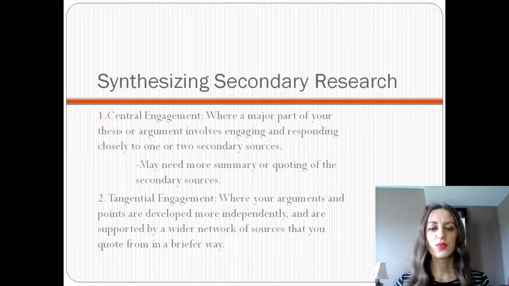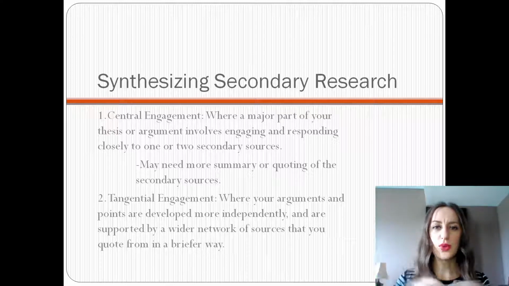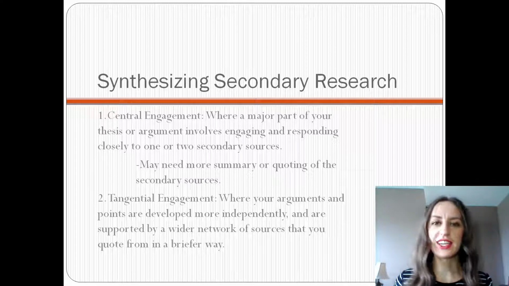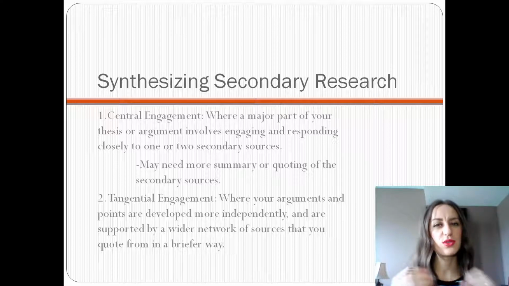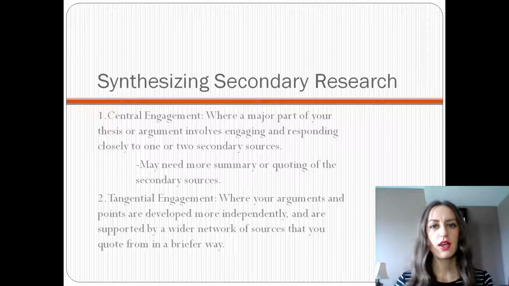And this is where your argument or your point is sort of developed more independently, and you support your argument and your point with a wider network of your sources, right? So you're not so centrally focused in on responding to one or two key research sources.